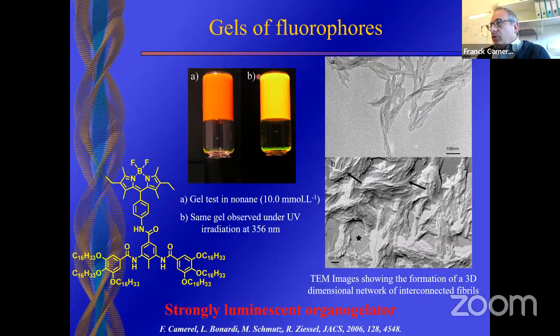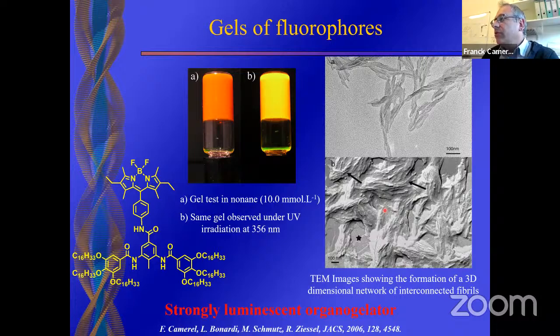So we checked the morphology of these gels, but this time we don't really have fibers, we have what we call fibrils, which are really small fibers, but the interaction of these fibrils leads to the formation of these gels. So you can see here that many types of aggregate can lead to the formation of gels.